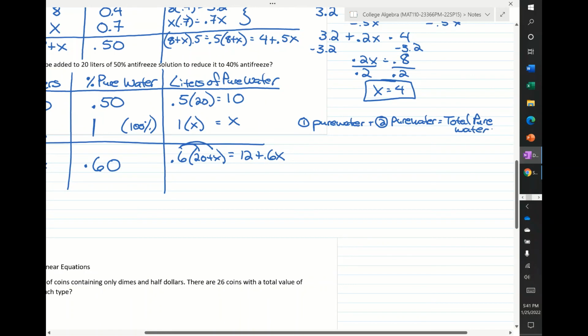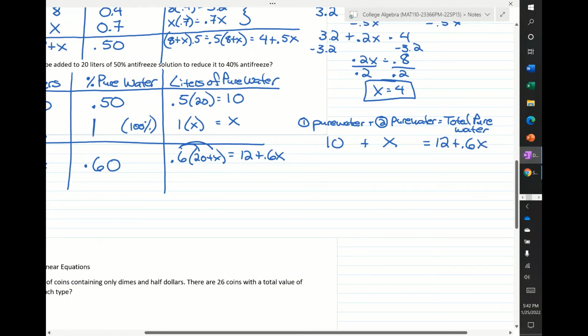The more you practice, the better you'll get at this. Right? It's easy when I'm doing it and I'm walking you through it. The way you get better is by practicing. So the amount of pure water from the first we had was 10. The amount of pure water we had from the second was X. The total pure water was 12 plus 0.6X.